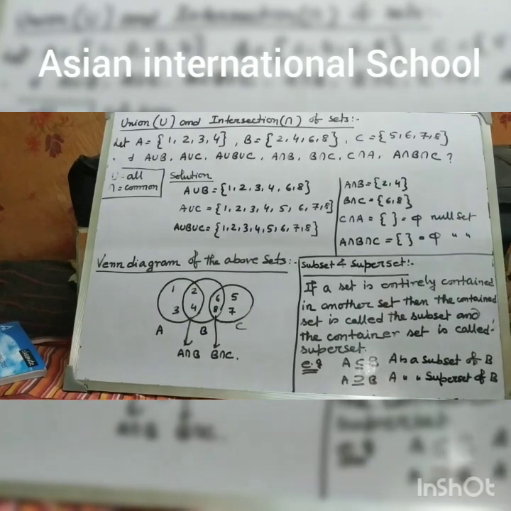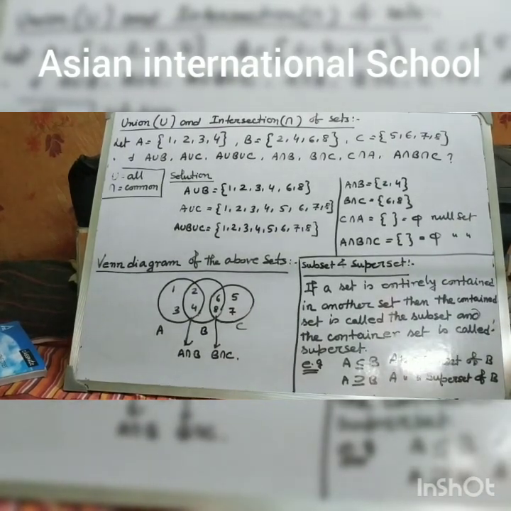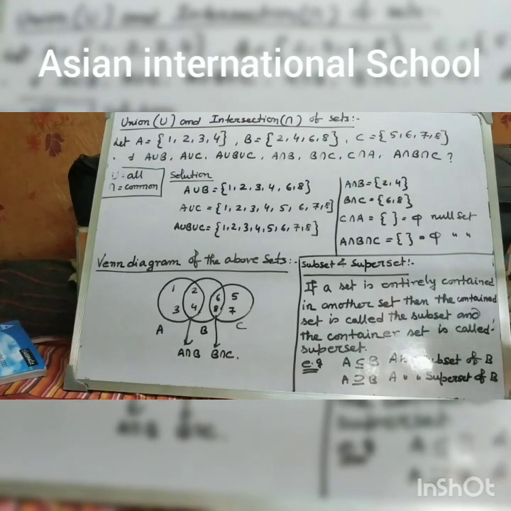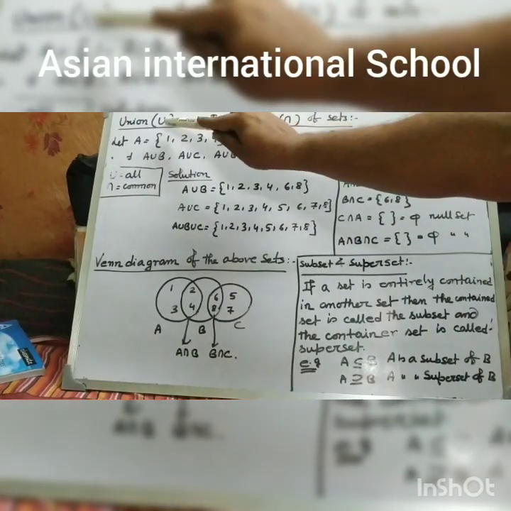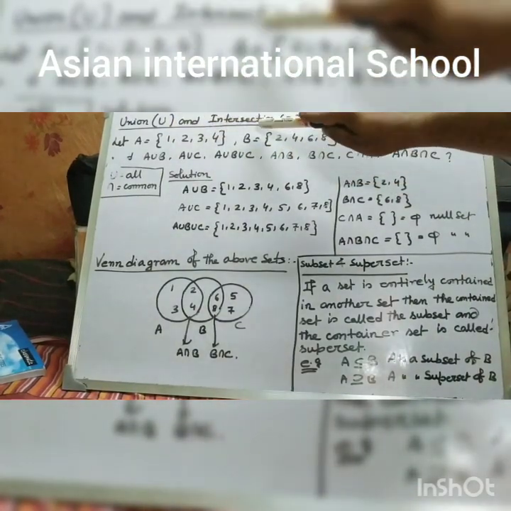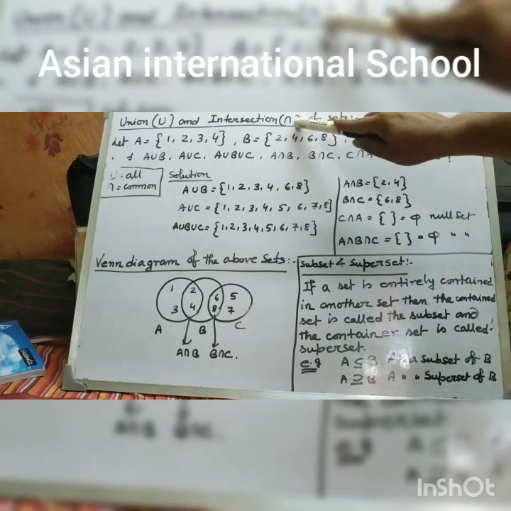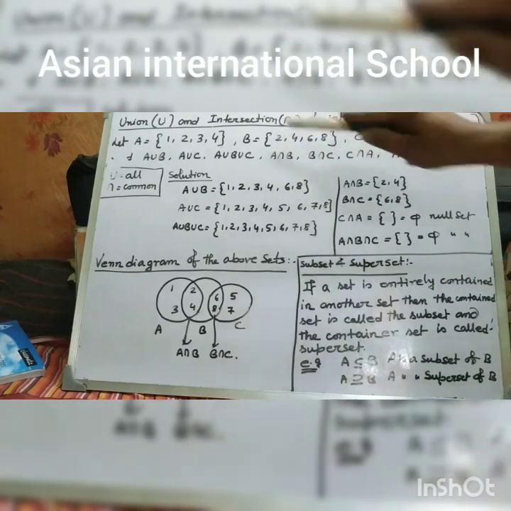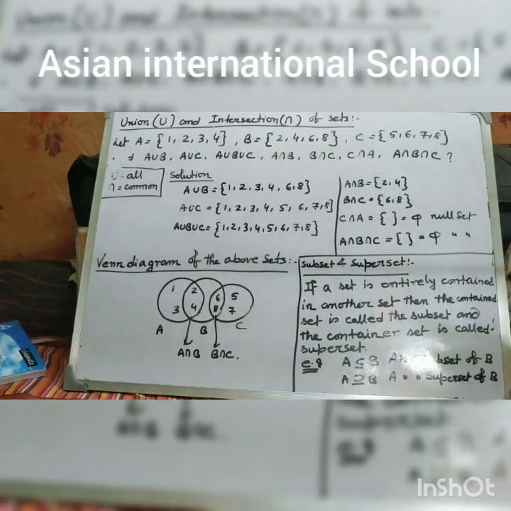Now let's come to the next point, that is union and intersection. These are the two most vital parts of the chapter Sets. Union is denoted as capital U, and the intersection is written with this symbol. Now let us do an example.